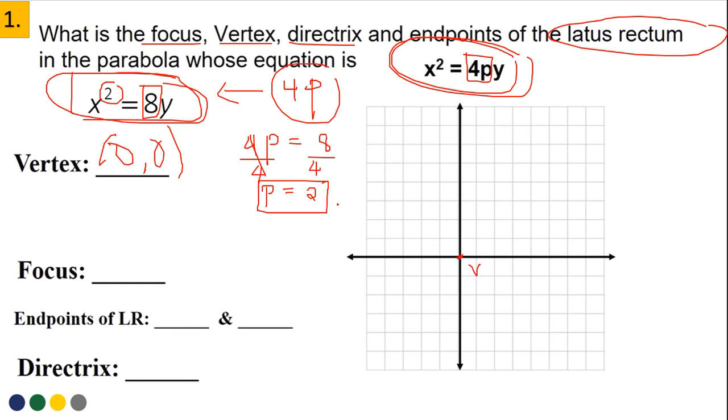Kung nasaan si focus, nandun din si opening. And sabi nyo, since positive and since x has exponent of 2, meaning to say focus is upward. So pataas tayo. So bibilang tayo ng 2 counts because we have the value of p which is 2. 1, 2. So this is the focus.